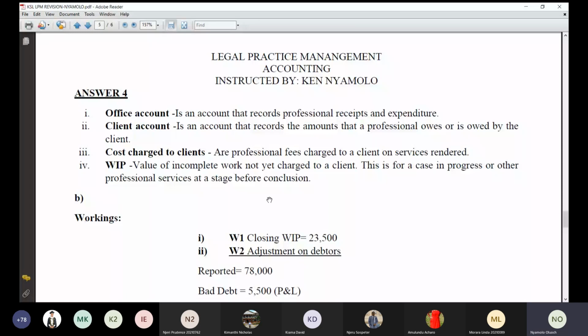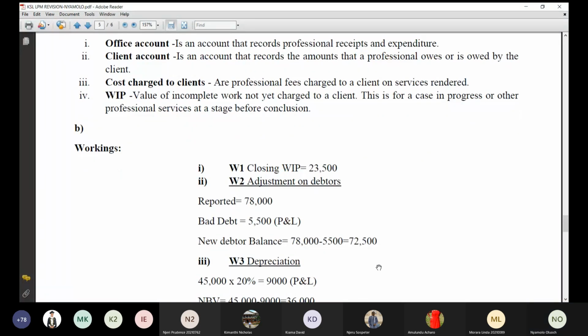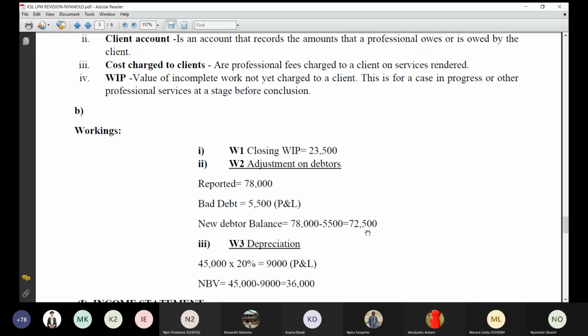Work in progress, we've said. Our workings, show your workings. Unaweza kuwa umekosa kama saa moja for a wrong posting that you picked wrongly due to pressure ya exam, na malaika alete upako kwa the marker, then they remember that this one mark, I can fetch it from the working, even though he has not put the correct figure for the debtors in the balance sheet.